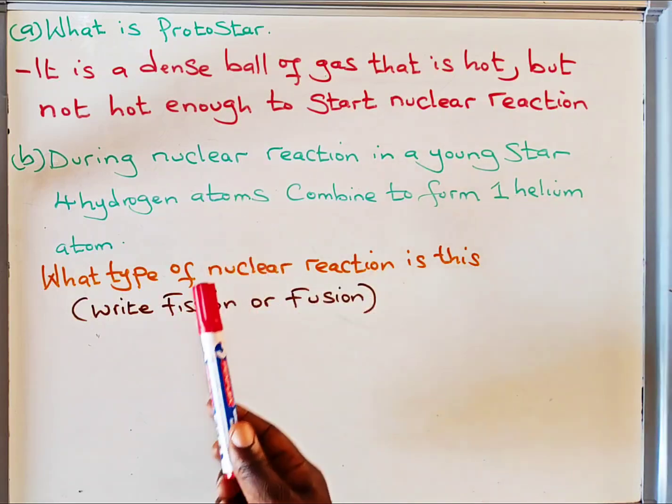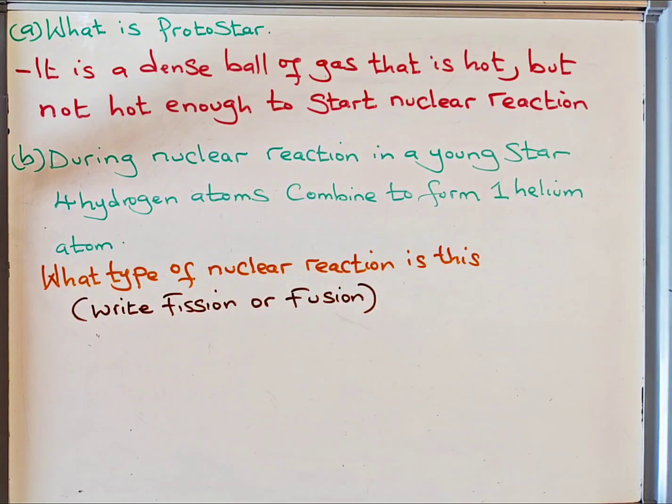There are 2 types of nuclear reactions. There's fission, which is the splitting of a heavy atom into smaller atoms. And there is fusion, which is the combining of lighter atoms into a heavy atom. So which one is which?